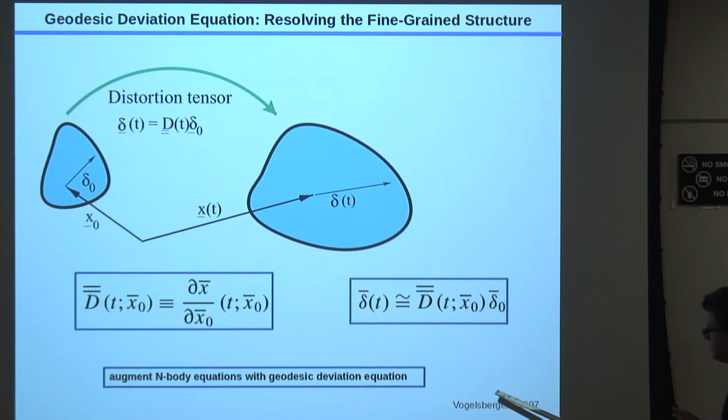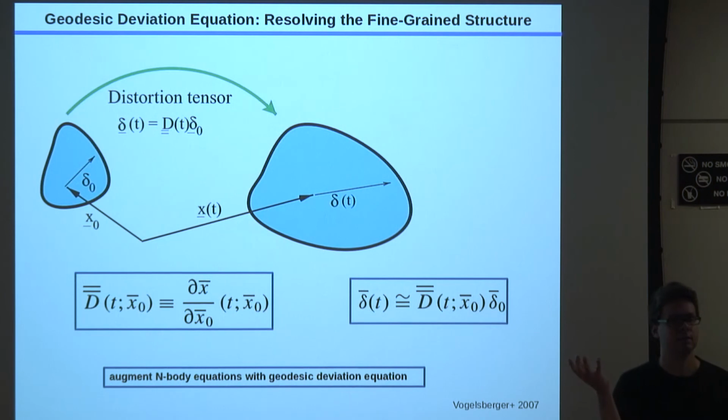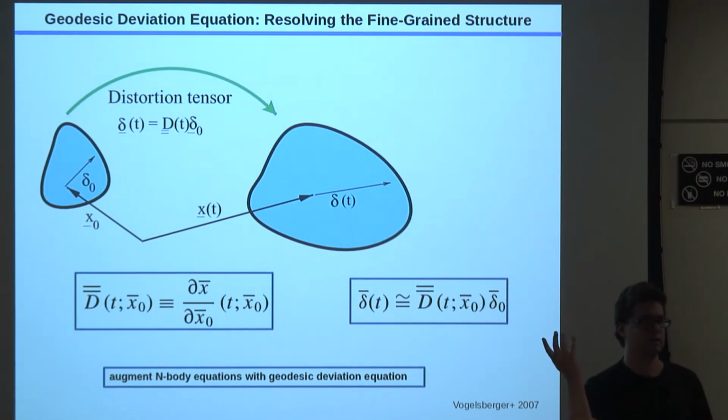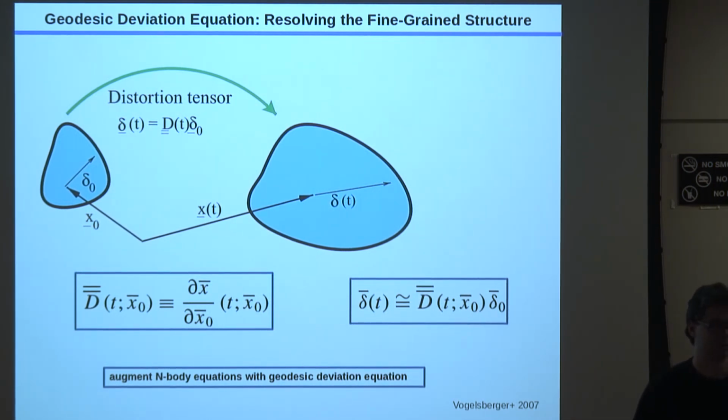The details are described in this paper, so it's not terribly important that you understand them, but the basic idea is that you supplement every particle in the simulation with this kind of virtual cloud, and you follow the phase space deformation of this virtual cloud. That gives you direct information about the phase space very near the particle, and it allows you to detect these fine-grained streams and these caustics. Then you can make predictions for the fine-grained structure and see how much this would actually impact any detection experiment.